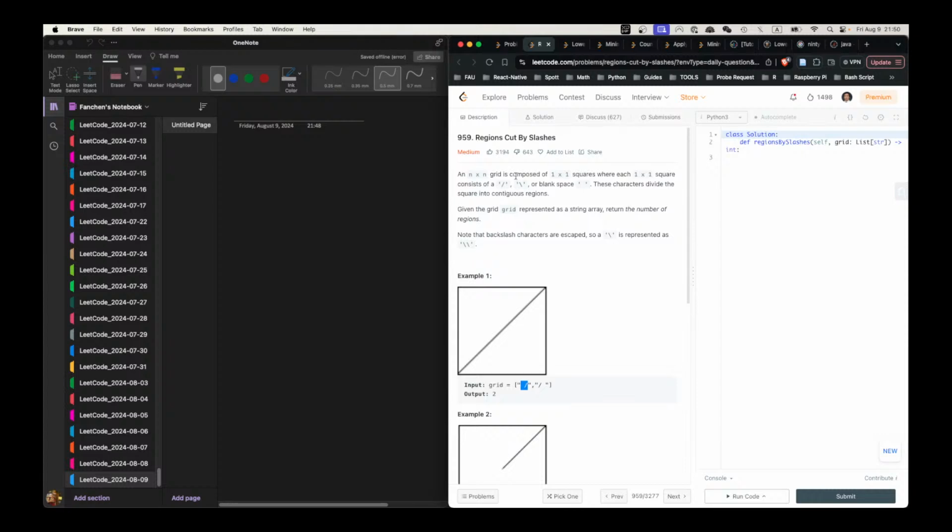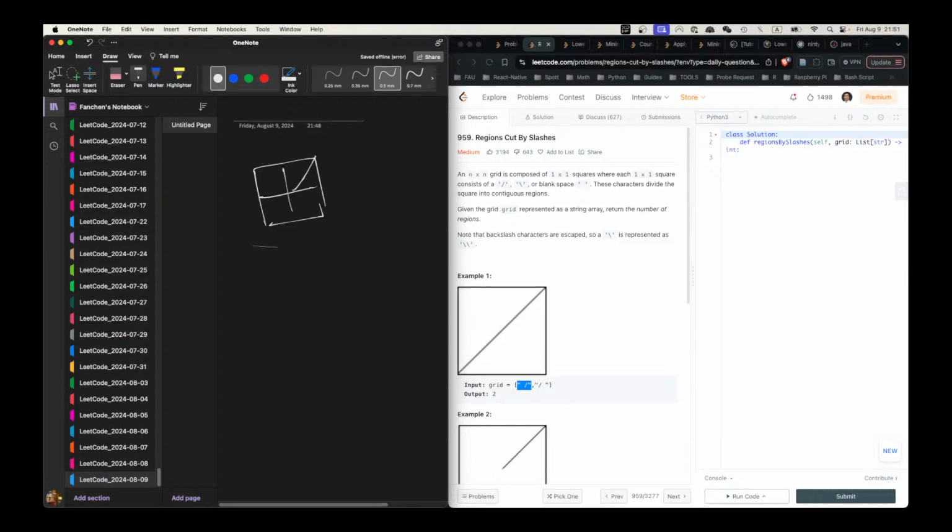Oh, an N by N grid is composed of 1 by 1 squares where each square consists of this, this, or this. By checking the length, there's a 2 by 2. Okay, so basically this is a 2 by 2. Then there's nothing.